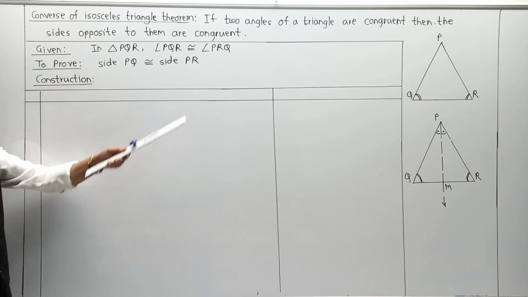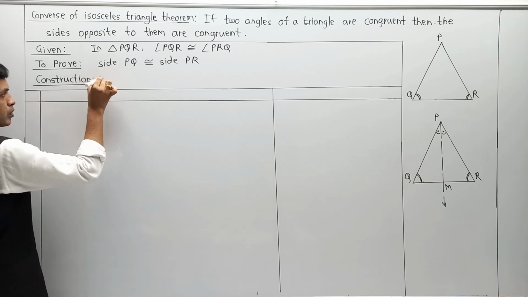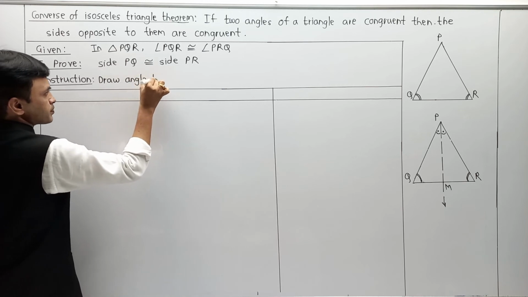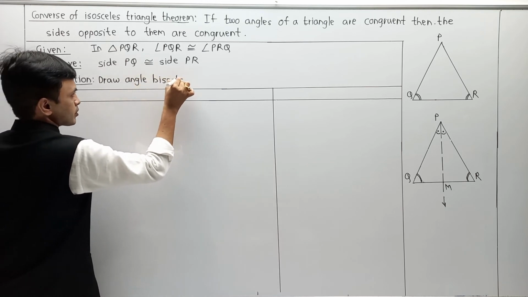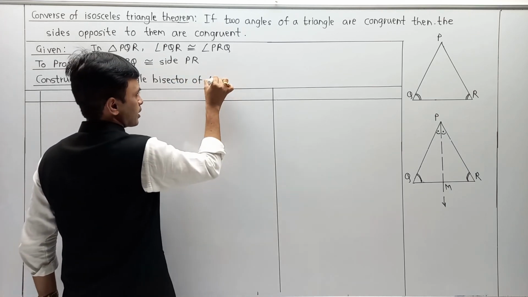Now in the construction, we have drawn one angle bisector of angle QPR. So draw the angle bisector of angle QPR.